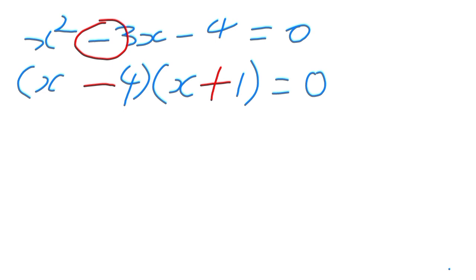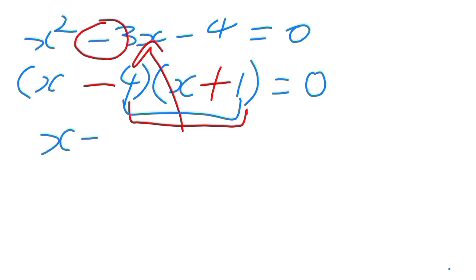So that means when we add these two, negative 4 plus 1, they will give you negative 3, and when we multiply them, they will give us negative 4 there. So x is equal to 4, or x is equal to negative 1.